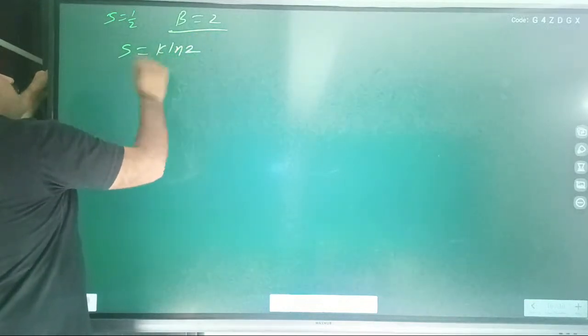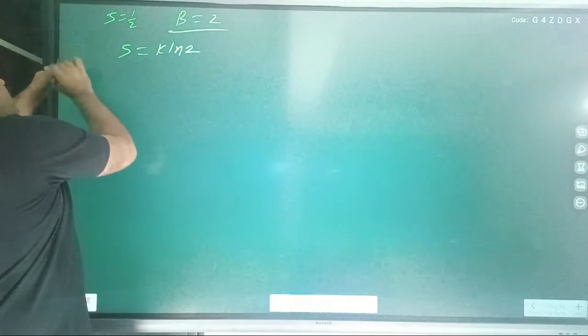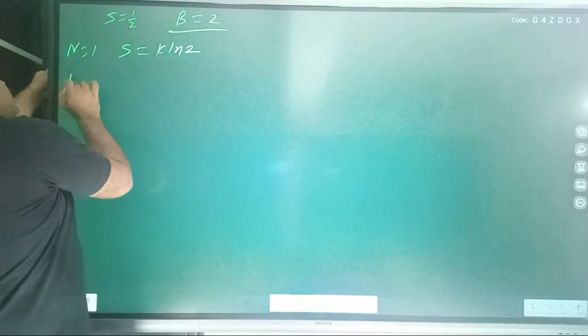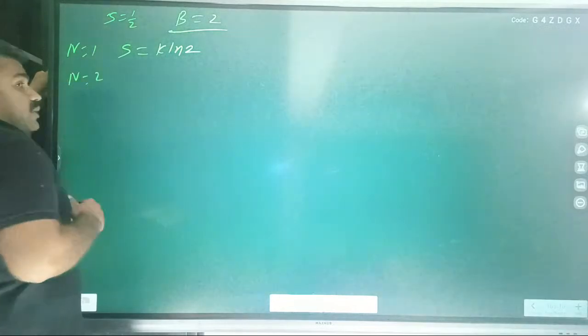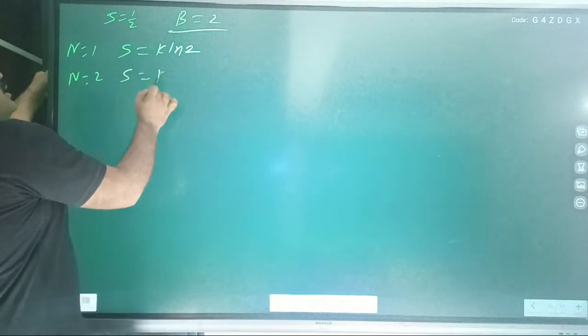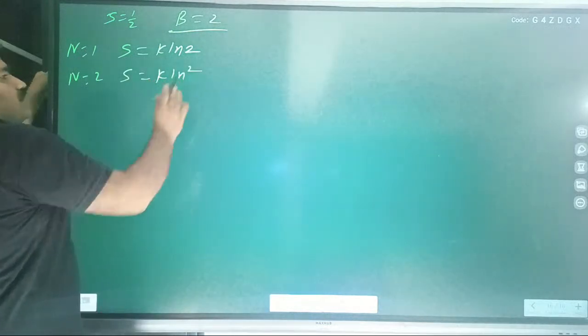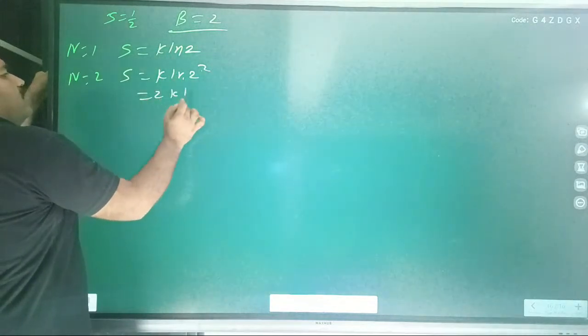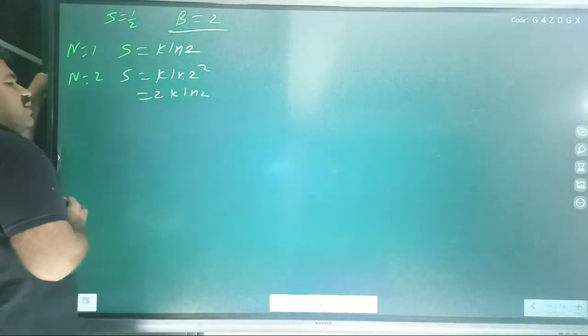Suppose we take n equal to 1, then S is equal to k ln 2. If we choose 2 particles, then S is equal to k ln 2 to the power 2.